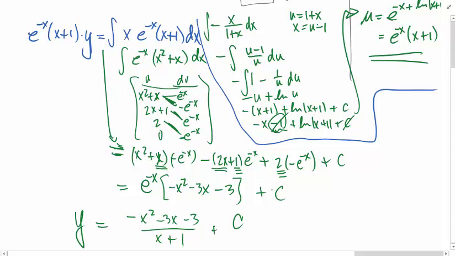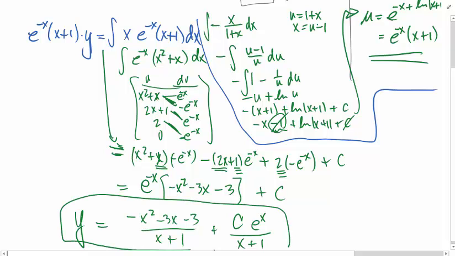So we have a constant c times, let's put e to the x on top as we divide it over, and then the x plus 1 goes down in the denominator, and that's it. So this is your solution for this differential equation.